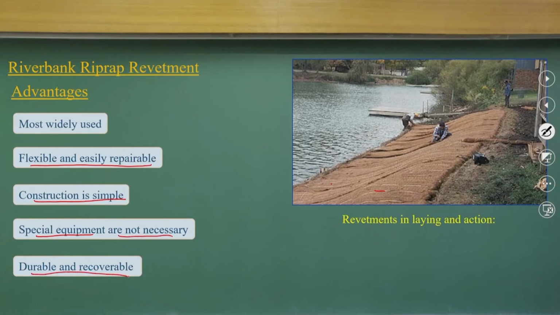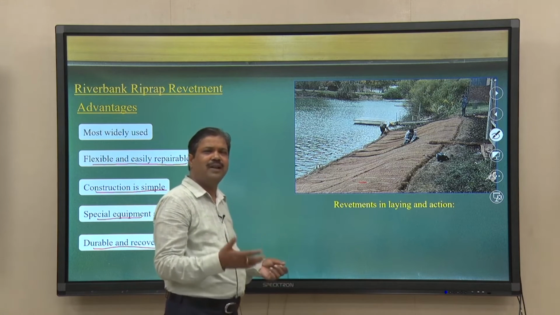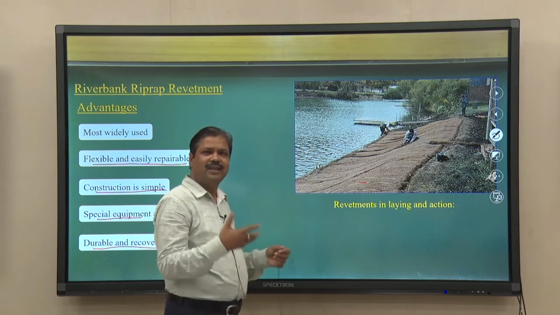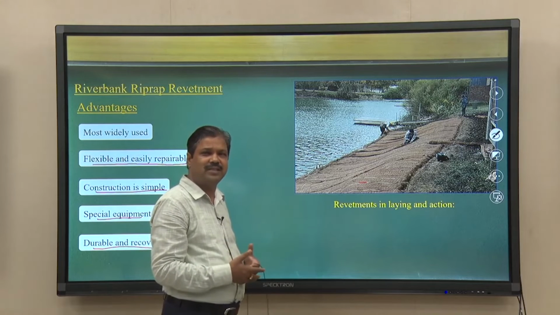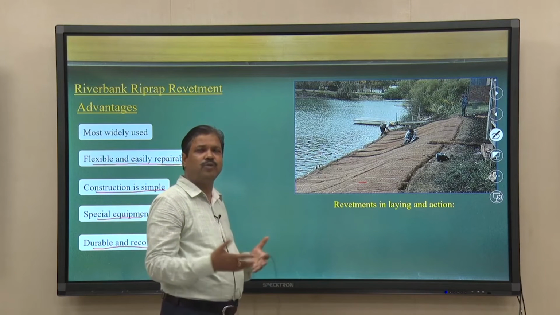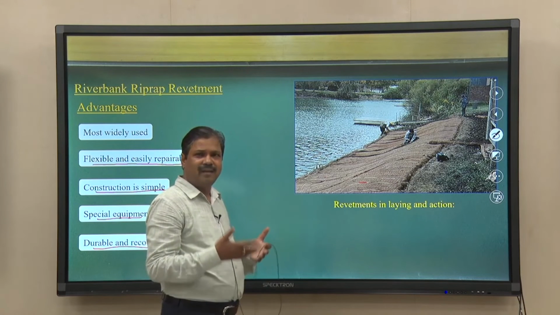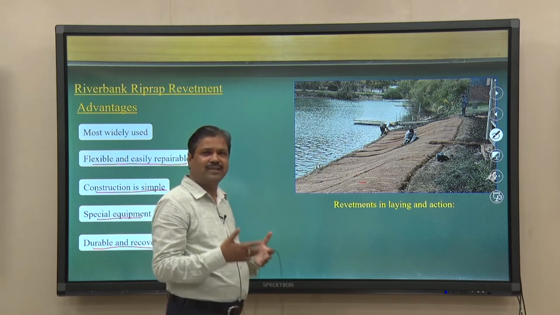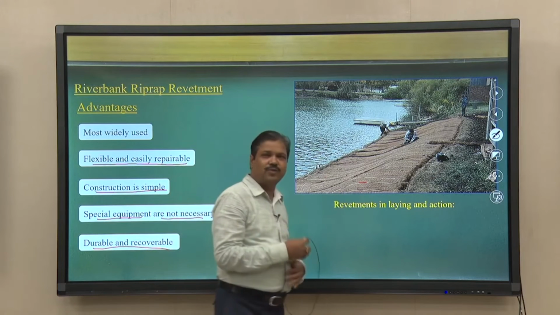In any civil engineering concept we should have locally available materials and simple construction, not so expensive, because we do it at a very remote, non-accessible point where the river bank erosions are happening. So, that is the basic idea, we should look at how river bank protections can be done.